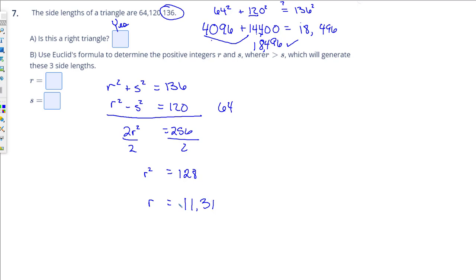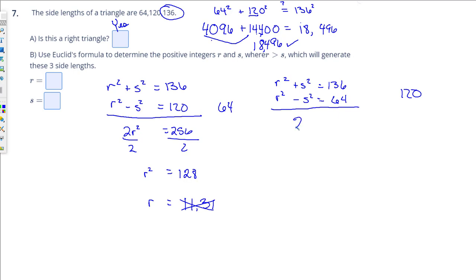So this isn't the one I want to use. That means I need to reverse it and use a 64 this time. And that means the 120 is the extra.